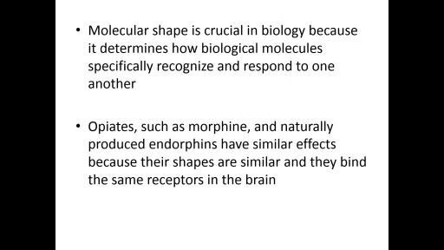Now looking at the biological application of molecular shape and function. Looking at two molecules, you have something like morphine. Morphine and endorphins have similar effects because of their molecular shape, and they bind to a particular receptor in the brain.